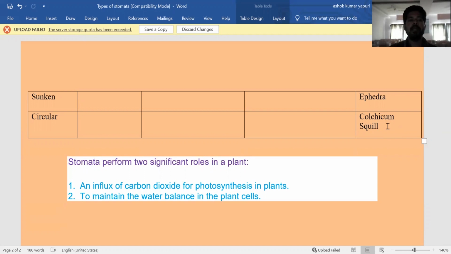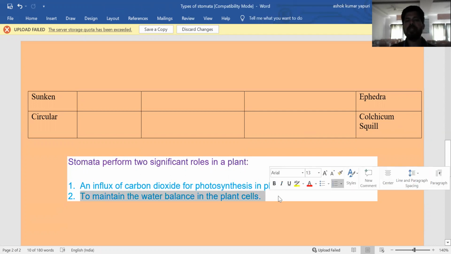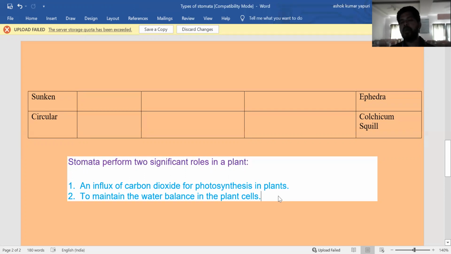The stomata belong to the leaves, and the stomata perform 2 significant roles in the plant. One is the influx of carbon dioxide for photosynthesis, and the second is to maintain the water balance in the plant cell. So these are the different types of stomata and their examples with a simple description.